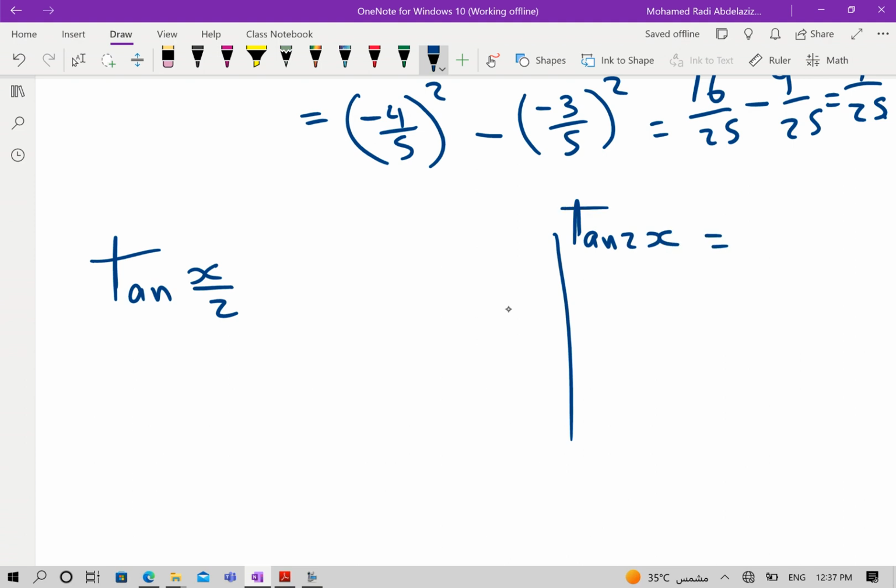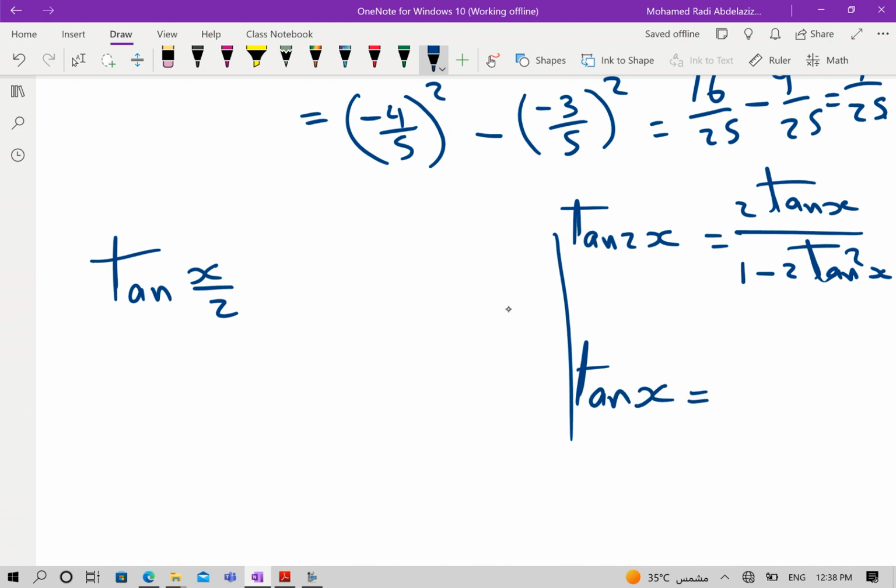So tan x equals 2 tan x over 2 divided by 1 minus tan squared x over 2, right?